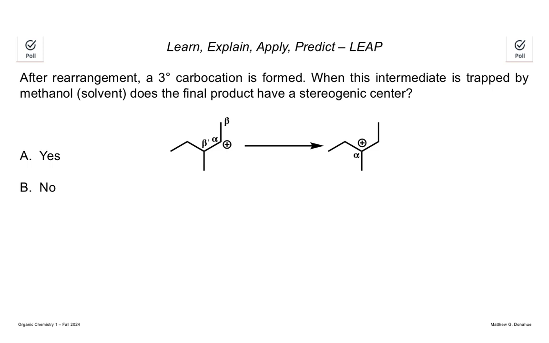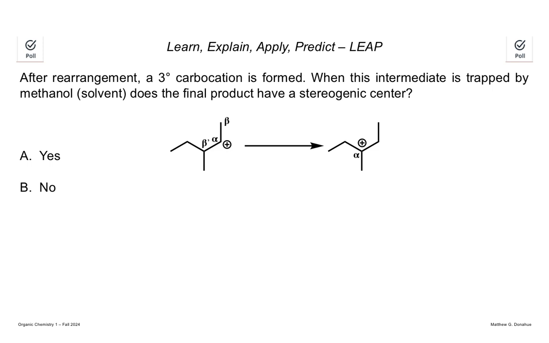And finally, the last one, you're forming that tertiary carbocation. It's trapped by methanol. And it says, does the final product have a stereogenic center, yes or no? I saw an emphatic yes, and then I saw the counterpoint no, so it does not.